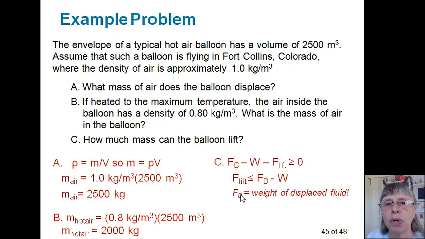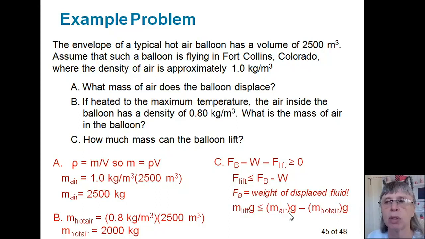So we know that the buoyant force is the weight of the displaced fluid, right? So the buoyant force is the density of the fluid times the volume of the fluid times g. That's just the weight of the displaced fluid. So if we substitute in what we know, the mass that you're wanting to lift times g is going to be less than or equal to the mass of the air that the balloon displaces.